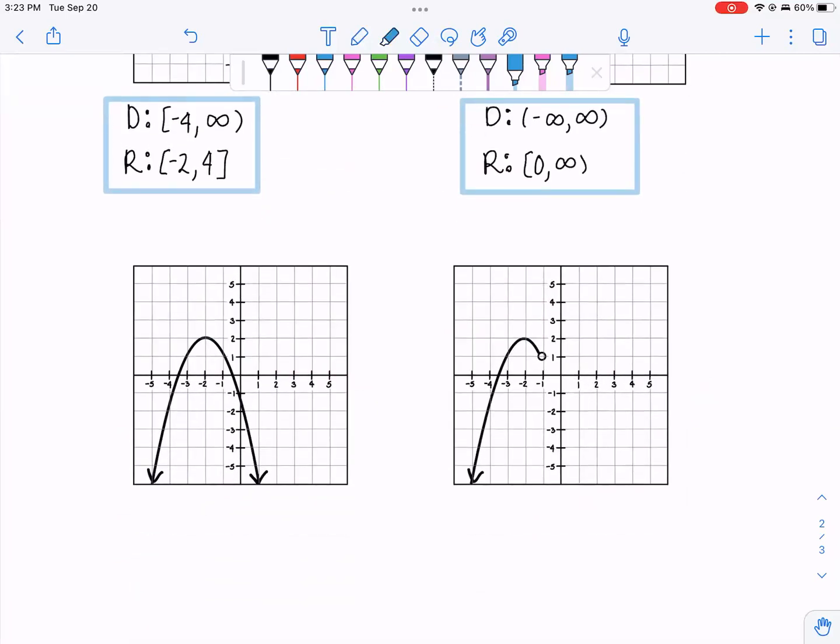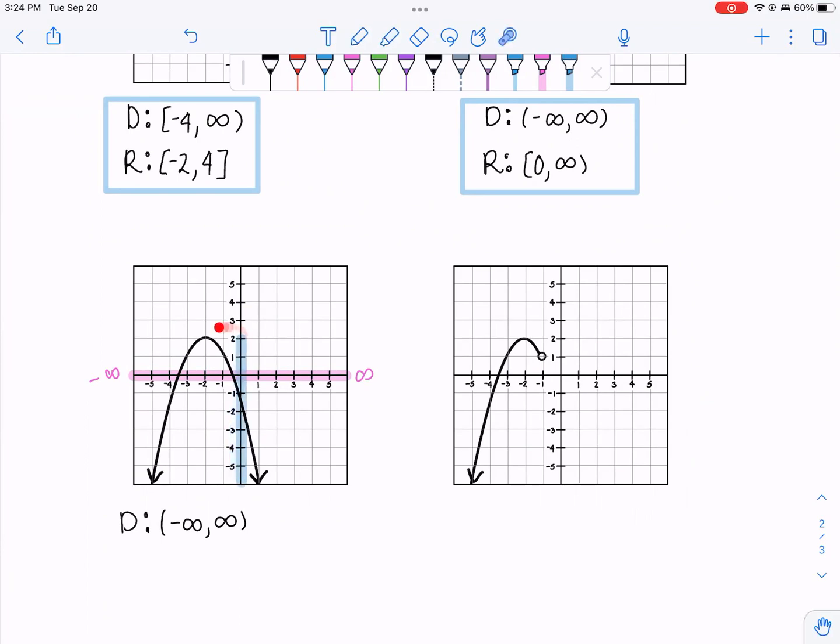A few more examples here for this graph here. Similar to the above graph, the domain is going to cover everything for the exact same reasons as the graph we just did. So the domain is -infinity to infinity. The range.